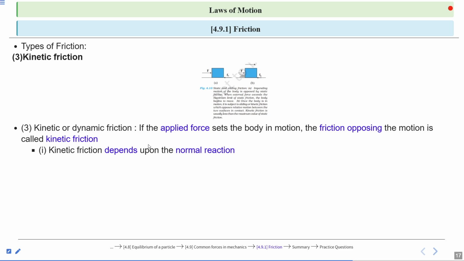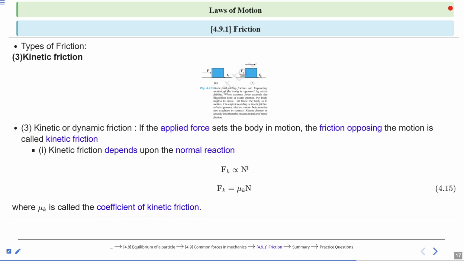Kinetic friction depends upon the normal reaction. So Fk is directly proportional to N. To remove the proportionality sign, there is a constant, and that is mu k. So Fk is equal to mu k N, where mu k is called the coefficient of kinetic friction.